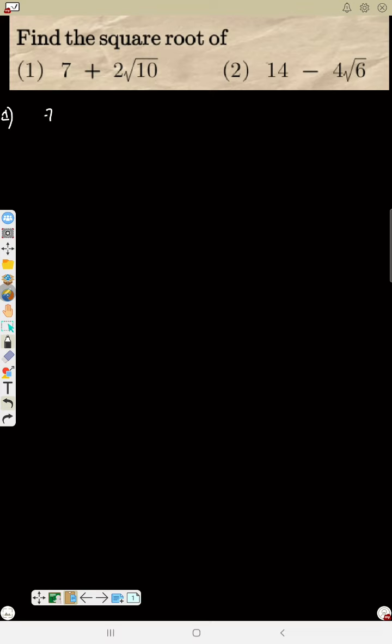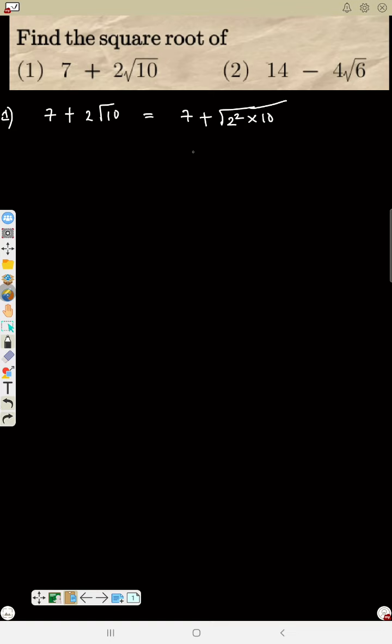Let me write. We have 7 plus 2 roots 10. Now based on the formula I want to use, we will need to know A and we will need to know B. This is the same thing as 7 plus root 2 square times 10. How? I'm taking this 2 inside, so it becomes 2 square inside the roots.